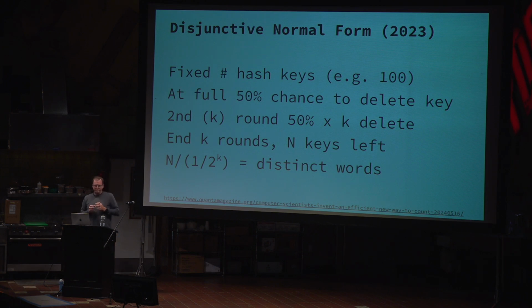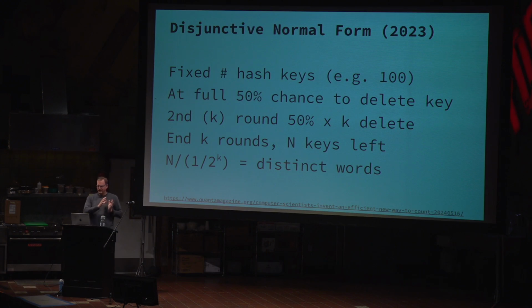Then you read the next amount of words corresponding to how many free slots you have in the hash. But on the second iteration, you walk through all of the hash keys, and this time you do a double coin toss, since this is the second iteration. You go through it a third time, and you do 3 coin tosses for each element.